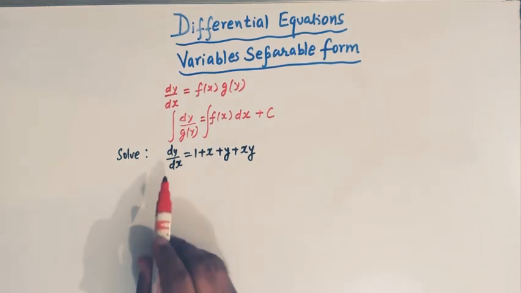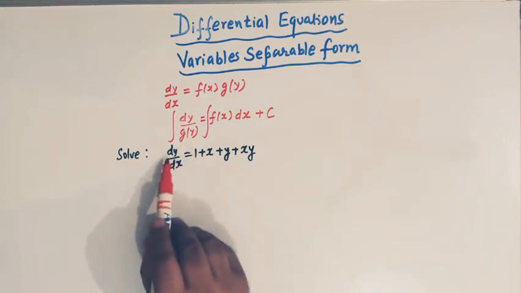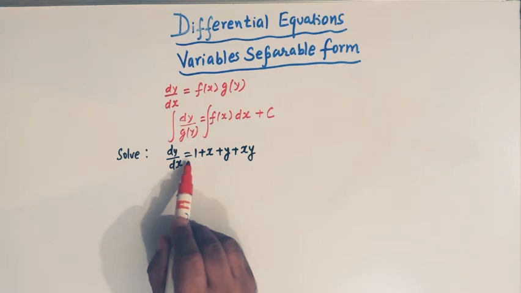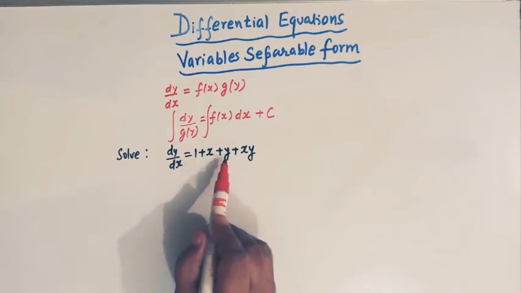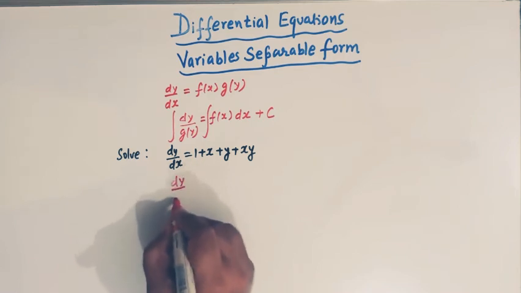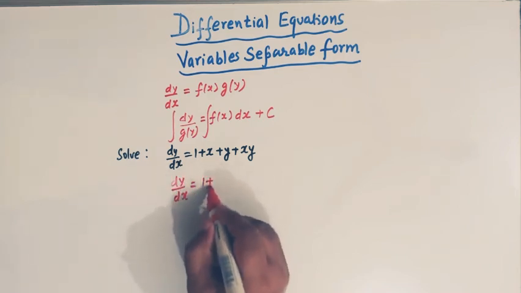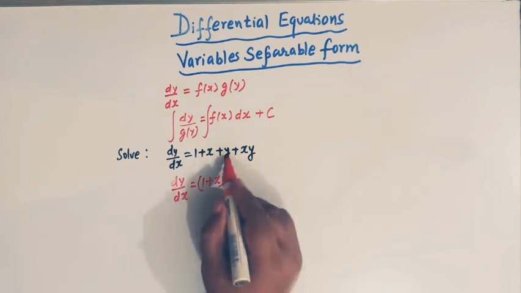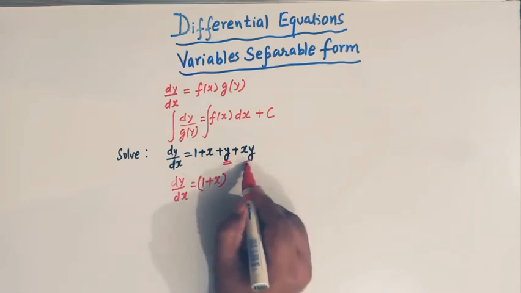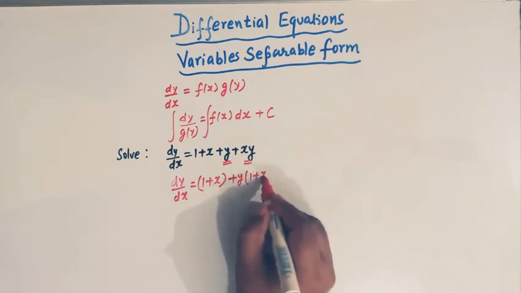Now let us take this problem. Here we have to solve this differential equation: dy over dx is equal to 1 plus x plus y plus xy. So viewers, we can write it as dy over dx equals 1 plus x, and if we take y common, we have y times (1 plus x).